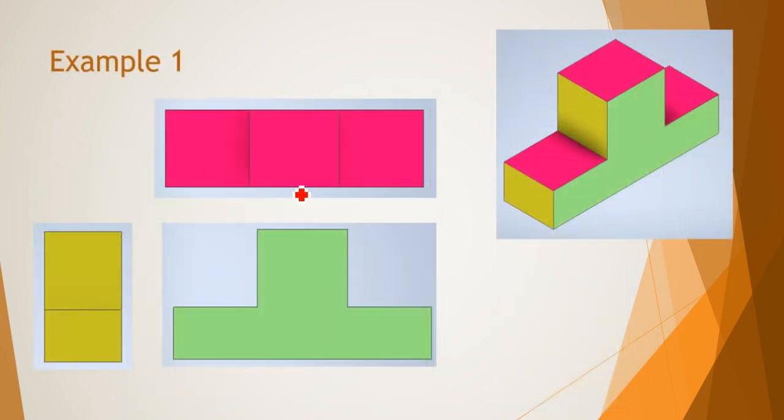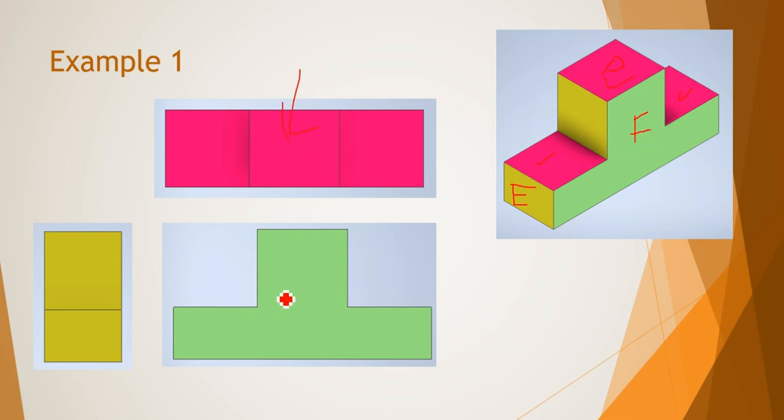So let's try the first example. This will be our front, this will be our plan, what you see from the top, and this will be our end. As you can see, if you are at the top, you will see these pink shapes and they will be represented here. This is our plan.